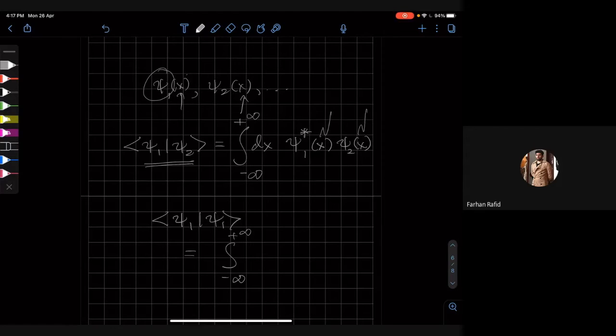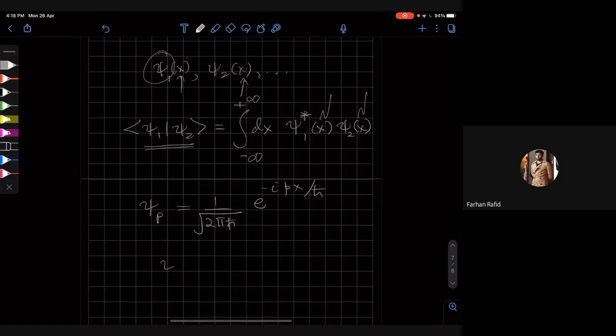Now we want to apply this to the momentum eigenvectors, psi p and psi p prime. Psi p has the form 1 over square root of 2 pi h bar, e to the power minus i p x over h bar.